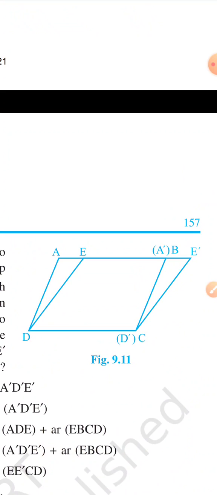Even though these two parallelograms might not be congruent, if they lie between the same parallel lines and on the same base, then their areas will become equal. This is the importance of this procedure.